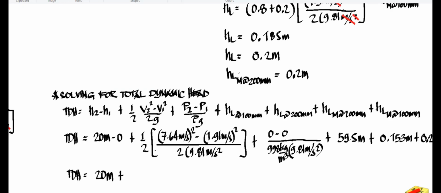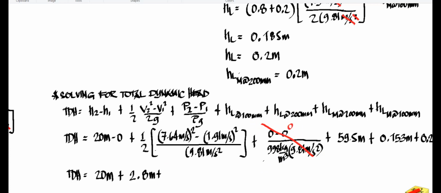The 2 is already outside, so that will be a superscript of 2. So we have the value of 2.789. I'm going to round this off to 2.8 meters. Then plus, this one is already 0.